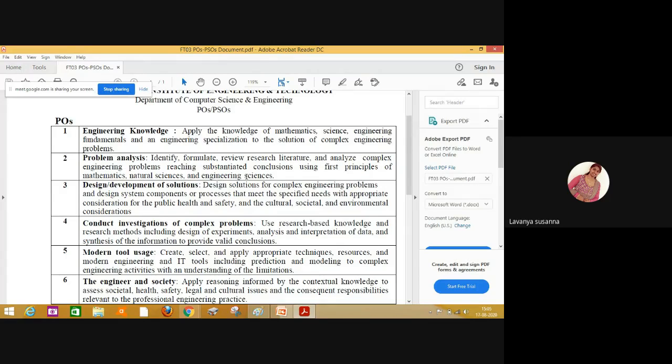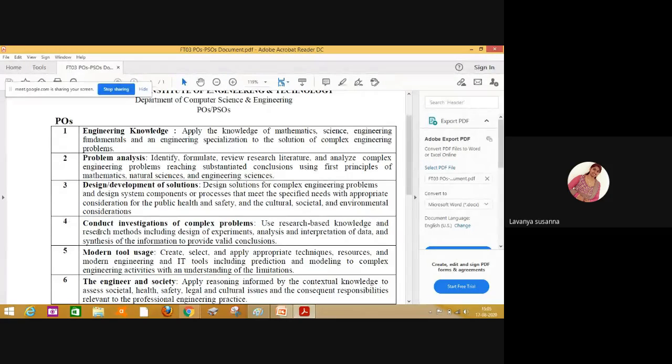You need to analyze to design the solutions to the given problem. That's why I have mapped to PO2, problem analysis. Next, you need to design the solutions for the given problem by using some techniques, so I have mapped to PO3.